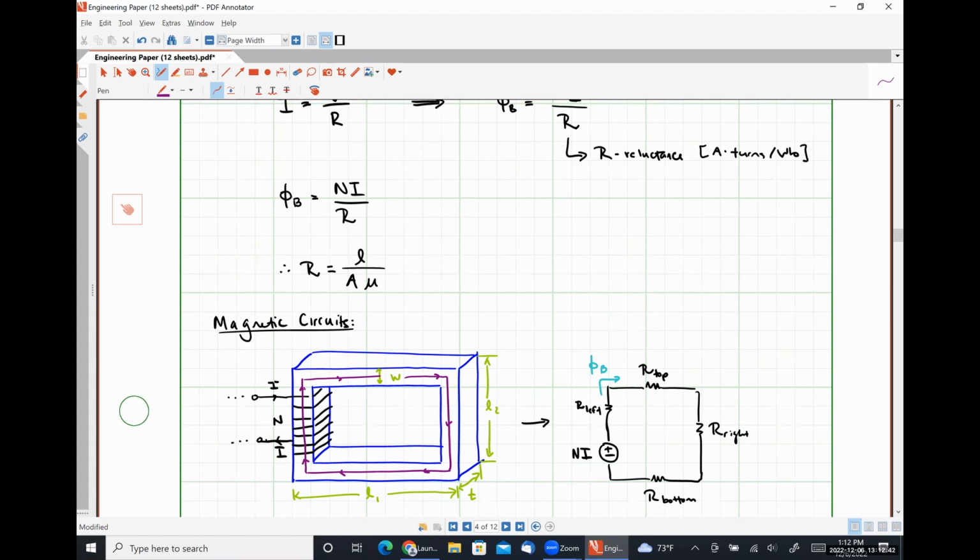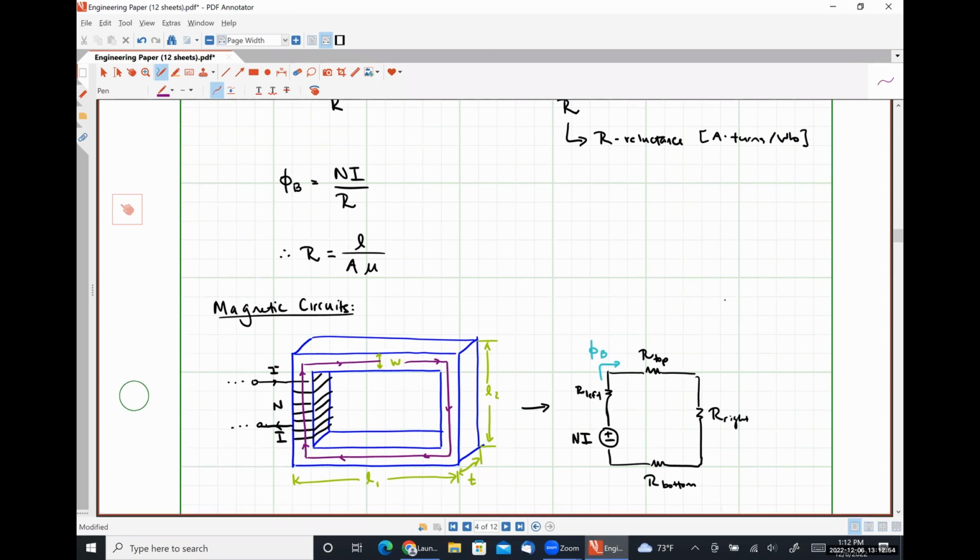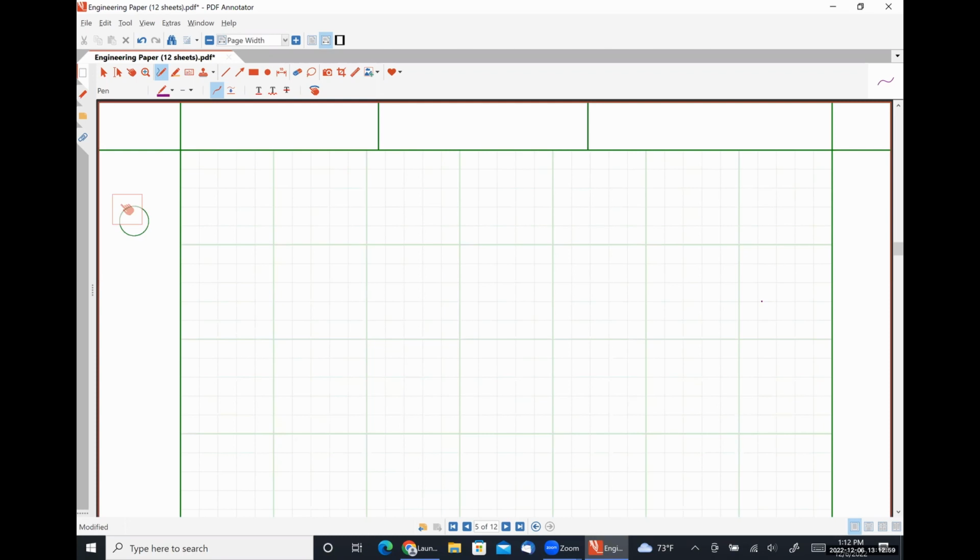All right, so if we wanted to find the H field of this structure, what would we need to do? Well, we know that for our toroidal structure, H dot dl just looked like H times L, the length, because all of our magnetic field was confined inside of our core.